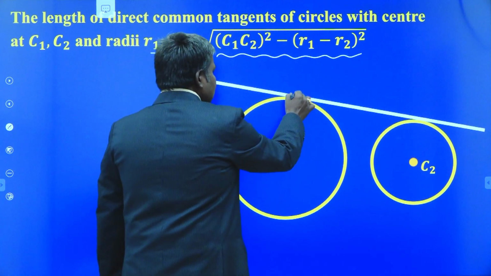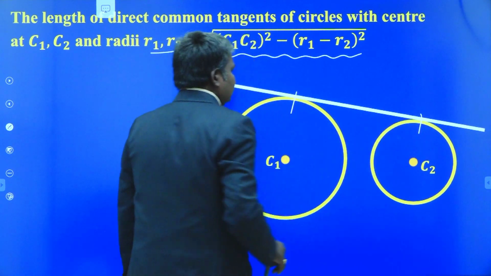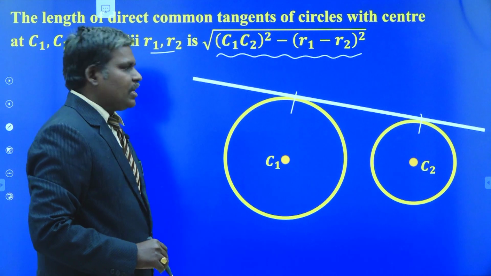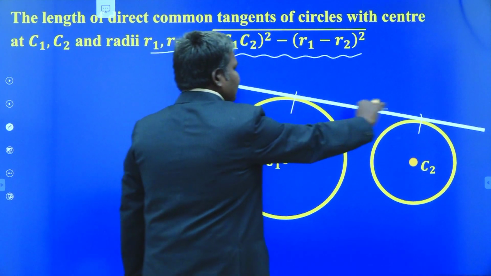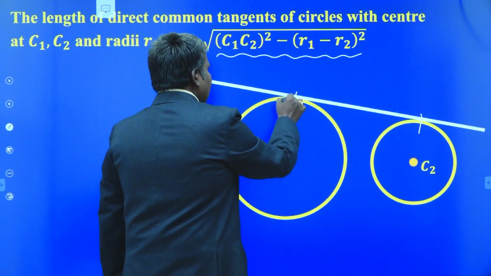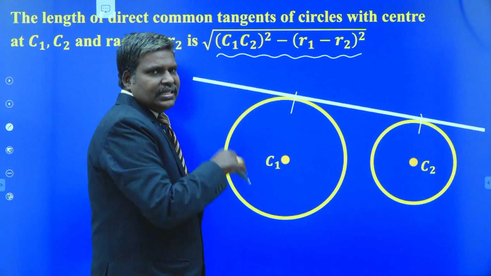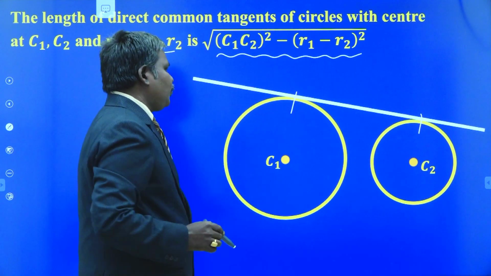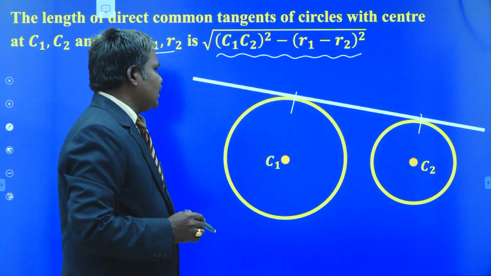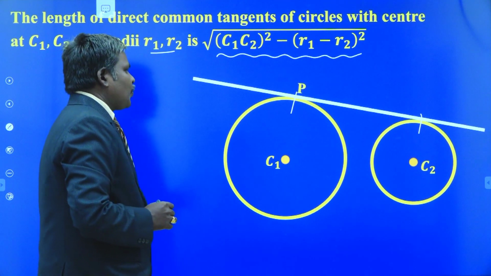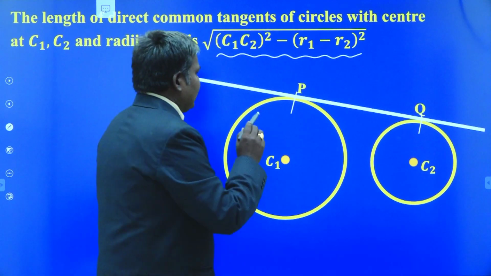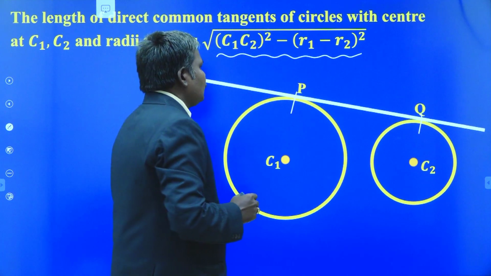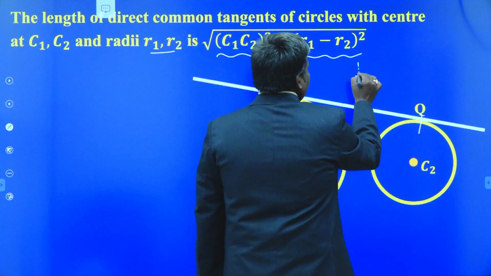Length means the distance from here to here. The tangent itself has infinite length, but the length of the direct common tangent in the sense here is the distance between the two points of contact. So this is the first point of contact, this is the second point of contact as shown in this figure. PQ is equal to the length of the direct common tangent.